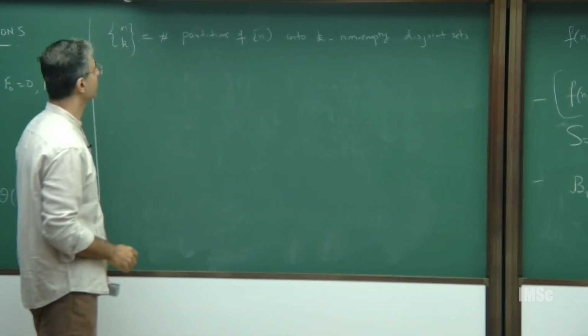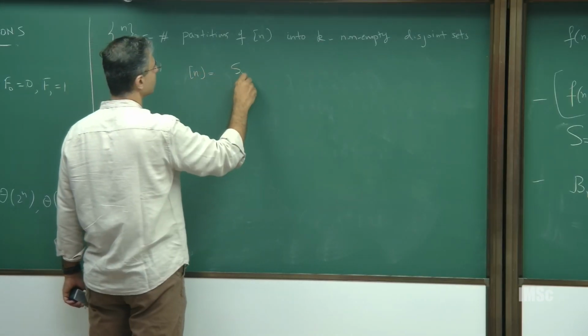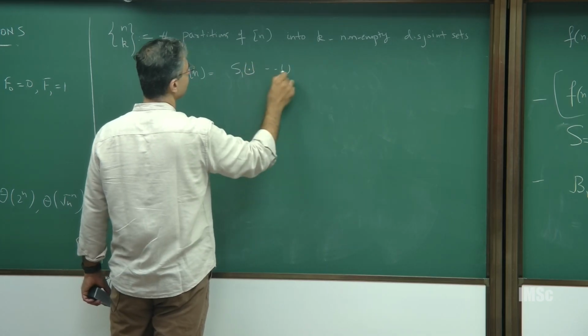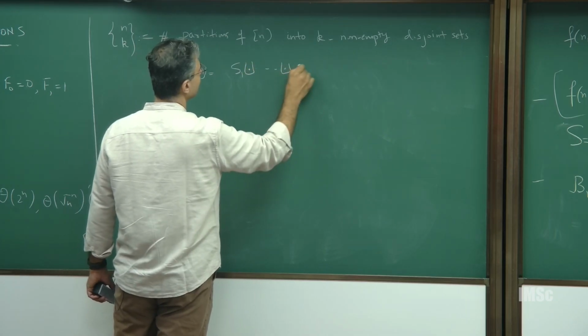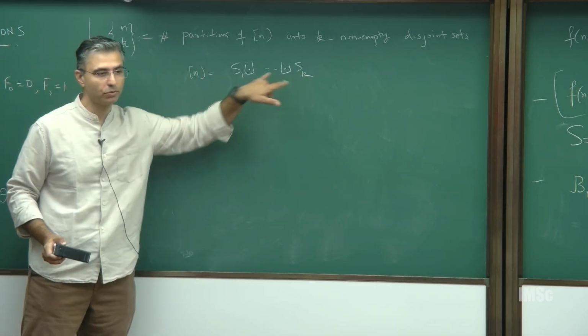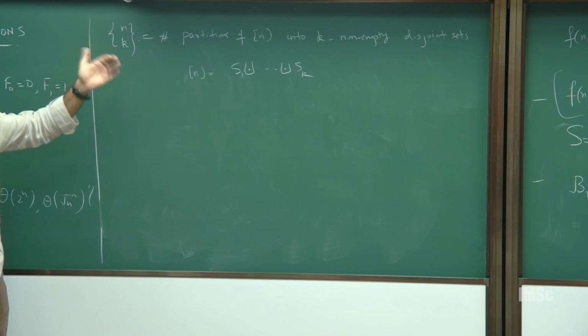So, you write it as a disjoint union of k non-empty sets, S1 union and so on. In how many ways can we do this for this set? Let us say that is our number n curly k.